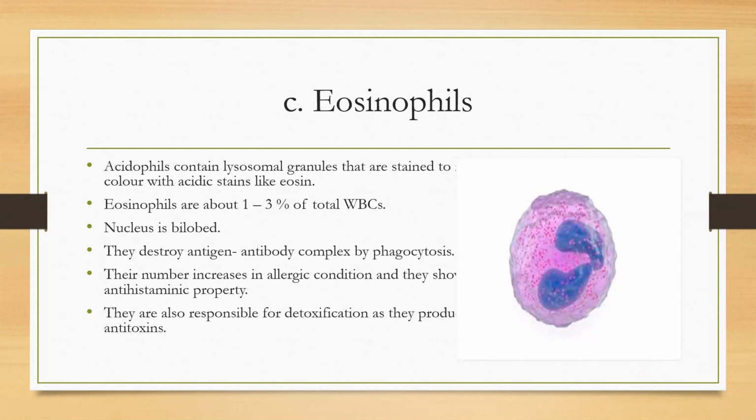Now, eosinophils increase in number in allergic conditions, and they also show antihistamine property. Antihistamine property means what? Just now we studied histamine. Histamine acts as a vasodilator, where the diameter of the blood vessels increases.